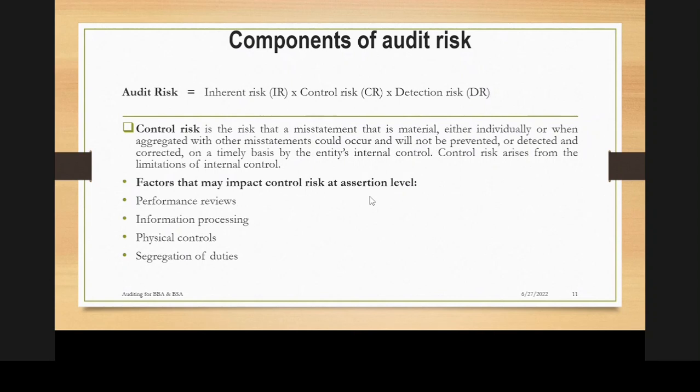Segregation of duties, where you have different people do different tasks, limits your exposure to control risk. Also where you keep changing, for example, this year this person is an accounts payable, then the other year you make them accounts receivable or a cashier.